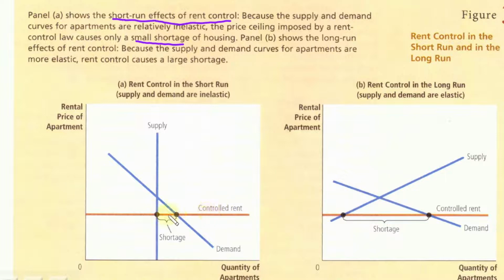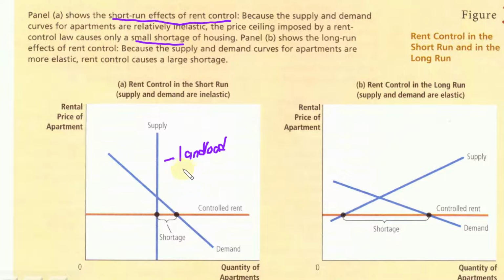Even if the government imposes a price ceiling here, this is the rental control. This is demand, and this is supply. In a short time, the landlord can only fix the number of apartments, because they can make more money.